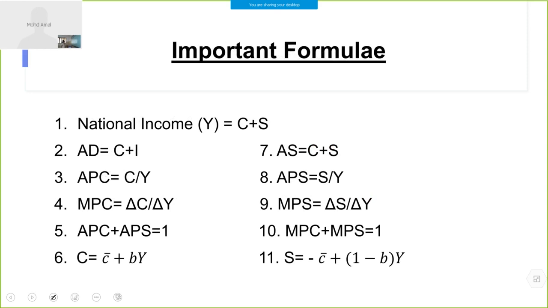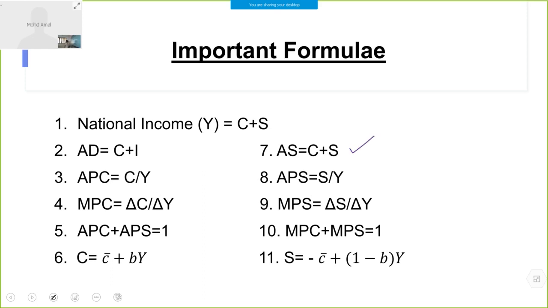See, important formula, you have to note it down. National income is equal to C plus S. AD is equal to C plus I. APC is C by Y. Then the saving part you can write from here. MPC is delta C by delta Y. APC plus APS will give 1. C is equal to C dash plus BY. From here you can write AD is equal to C plus I. Then what is AS?